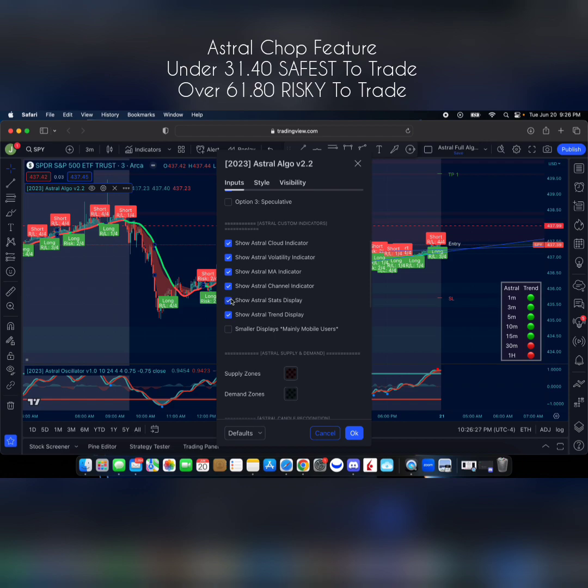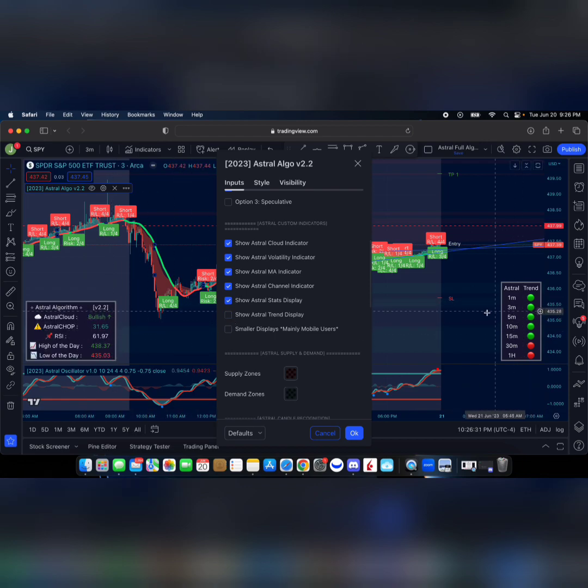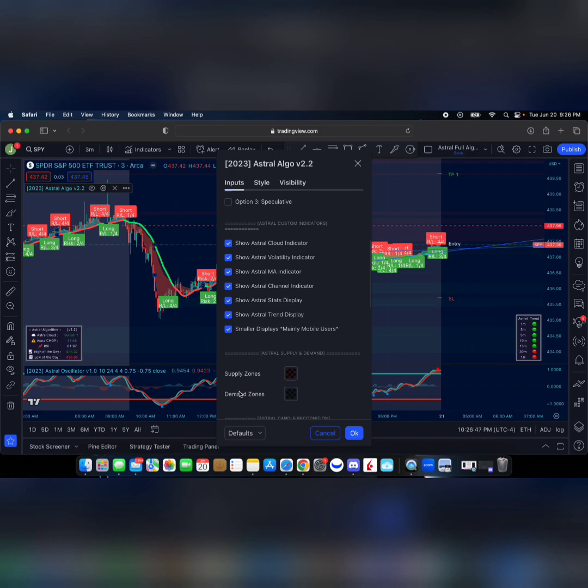It shows you the chop feature, and then the trend display on the right side. Turn it off, but I usually keep all of it on, and this is a nice feature. If you're on mobile, you turn this on, I mean, it makes everything smaller. So if you have your phone, see right now, it's pretty nice when you're on your phone, it gets smaller. So I usually keep that on when I'm on my phone.